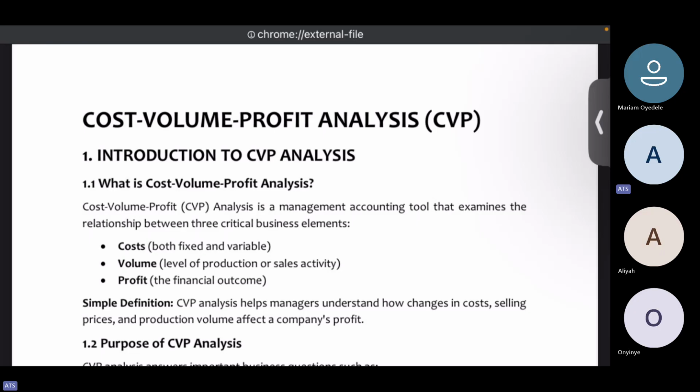Simply, CVP analysis helps managers to understand how changes in costs, selling prices, and production volume affect the company's profits. So if I sell more, will I make more profits? If I reduce the costs here, will I make more profits? Or if I change my selling price, would I increase my profits without affecting my demand? CVP analysis assists with all of this.